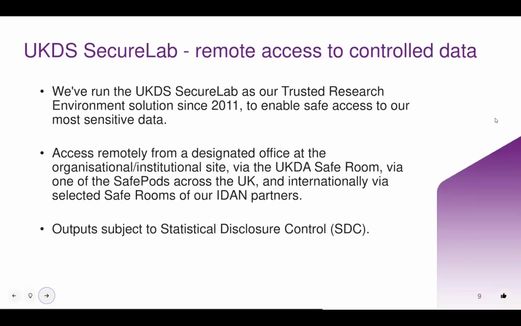You can imagine it as a desktop, so you connect to an environment which provides you with all the software that is required. It includes different versions of R, it includes Python, it includes Word, it includes everything researchers usually require. And it is a controlled environment, so nothing goes in or out of it without checks from the UK Data Service. As we said, any outputs requested are checked by our teams. Our user support team does the statistical disclosure control, and then those are released to the researcher.